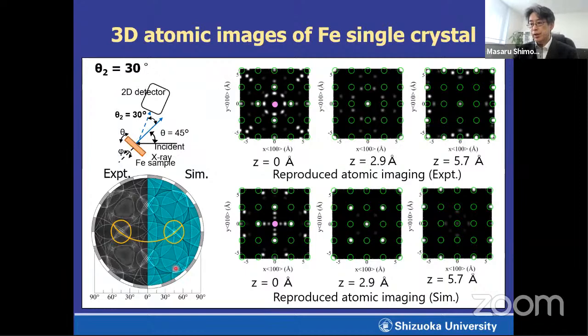Even using the simulation hologram, only a limited number of atoms are reproduced. For example, this one, this one, and also here, here, there. They are reproduced, but not all.